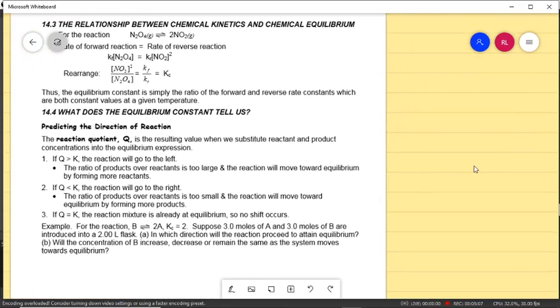As I have said, the first thing to do is to write the equilibrium expression.